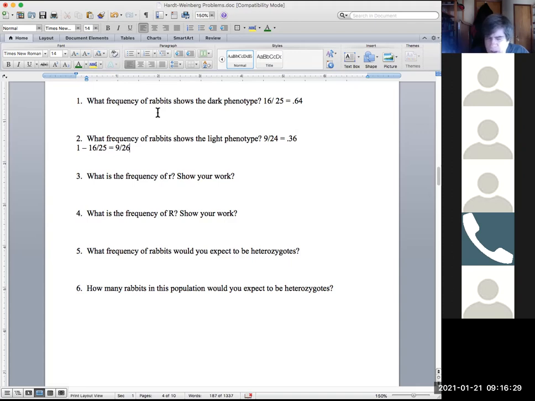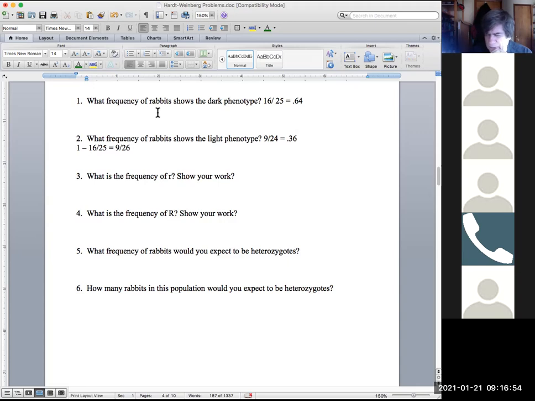Remember that Hardy-Weinberg equation. If we think about little s squared, that's equal to the light phenotype, or little r squared, sorry, in this problem. So you're going to have to start out, figure little r, then big R, and then you're going to have to use the Hardy-Weinberg equation to predict what frequency of rabbits are going to be heterozygous.